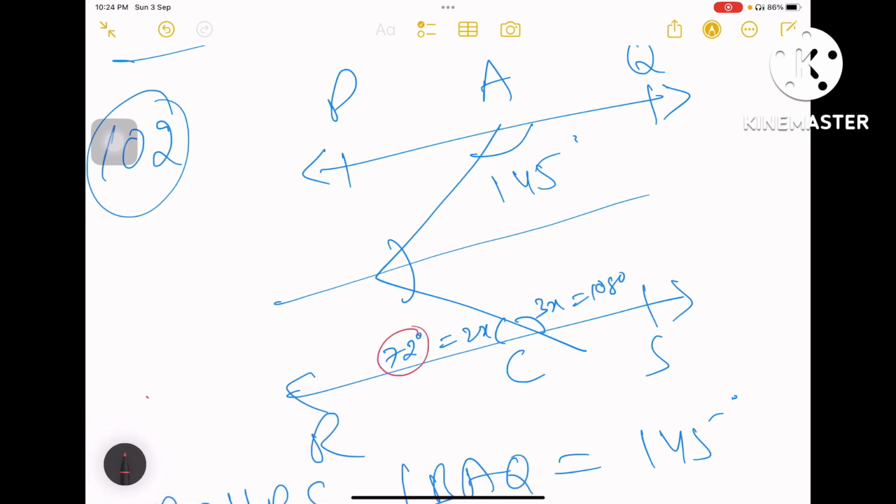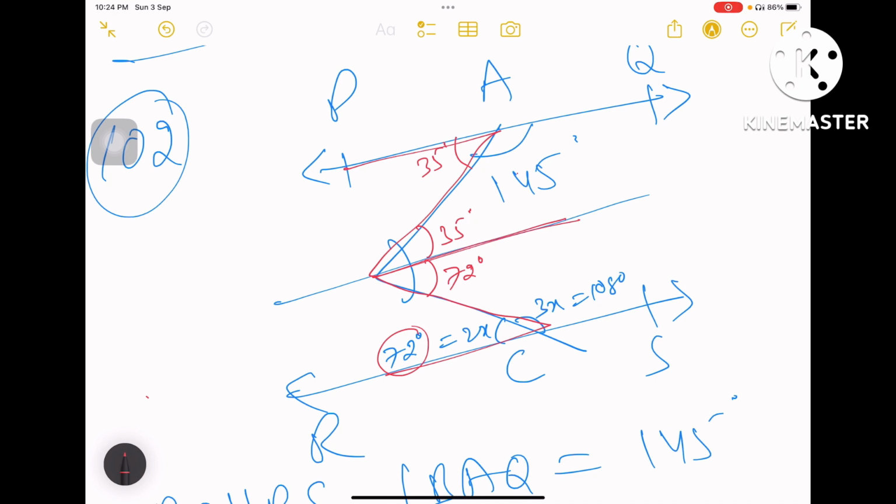This is forming a Z. So this is also 72 degrees. Also, this is 145, so this will be 35 degrees. This is forming a Z, so this will also be 35 degrees.